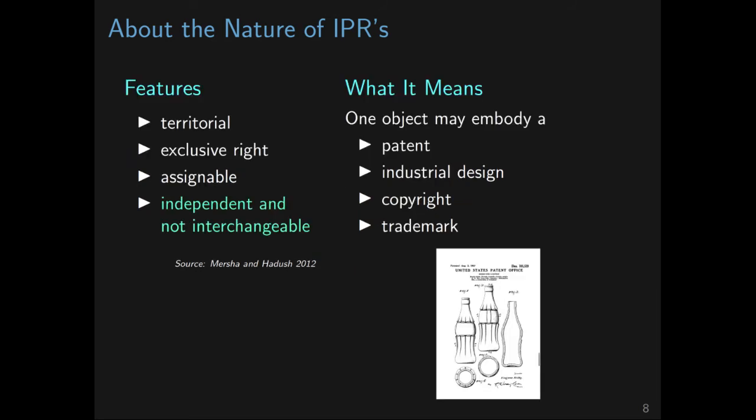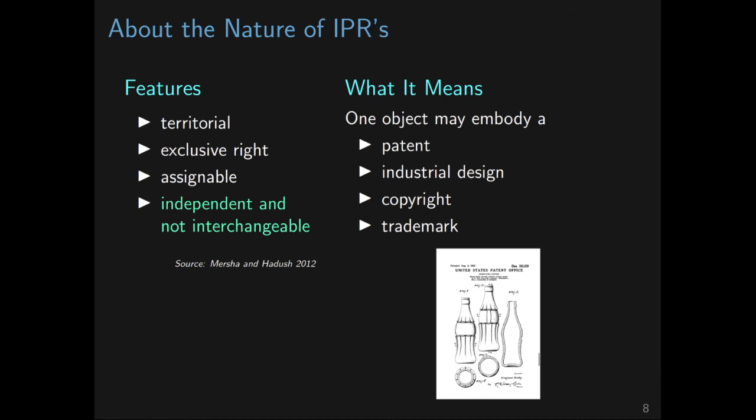Intellectual property rights are also independent and not interchangeable, which means that an object may embody several intellectual property rights at the same time. So, for example, we go back to the Coke bottle that I showed earlier. The Coke bottle was first registered for a patent in the 1920s. So, its protection is for a receptacle, a container of the Coca-Cola drink.